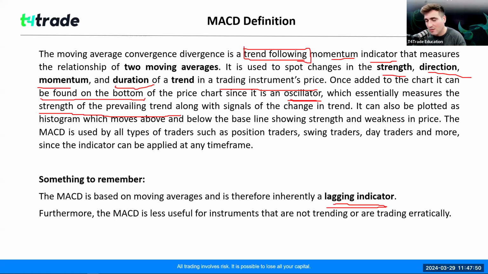Sideways movements are not ideal for MACD, so that's one problem of MACD. So if the market is not trending, please don't use MACD. Once you have a clear direction of the market, whether upwards or downwards, you can use MACD to confirm what you cannot spot on your own.